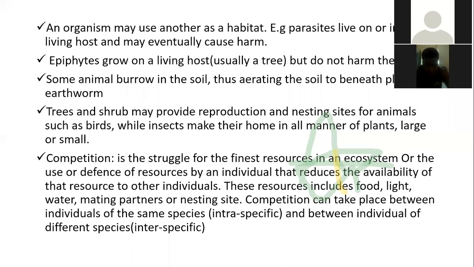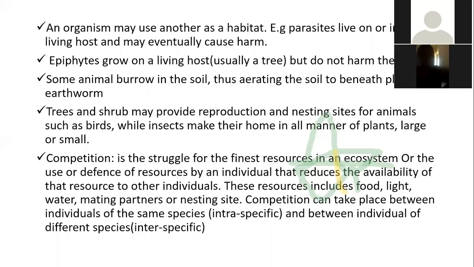That is, they are competing for that food. When you're in an environment and you have so many trees around you, you are competing with that tree. So every resource in that environment, both parties are picking from as competition.